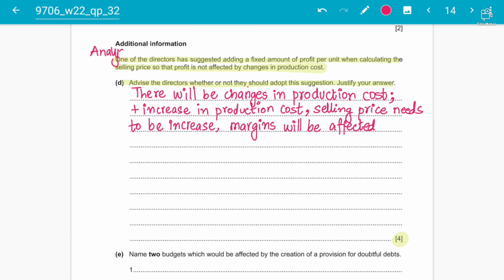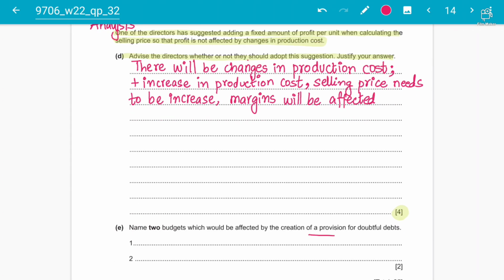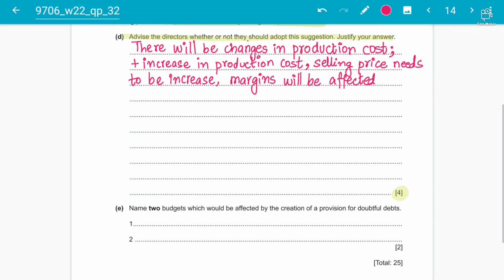Okay students, and the other part is theory, that is: name 2 budgets which would be affected by the creation of provision for doubtful debts. So cash budget is not affected. Okay, make sure you don't write cash budget, you will lose the mark. You should write master budget, because master budget is the budgeted statement of income statement and financial position.